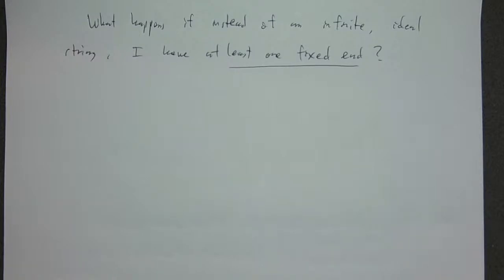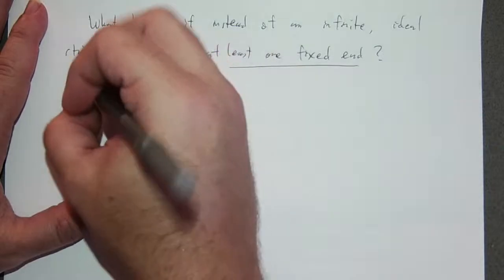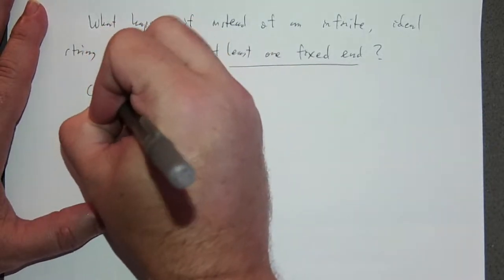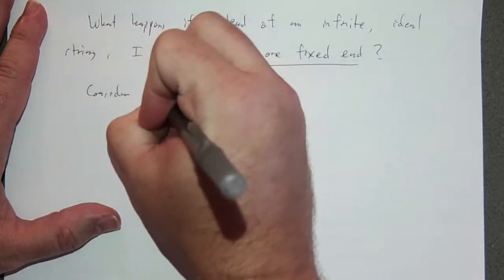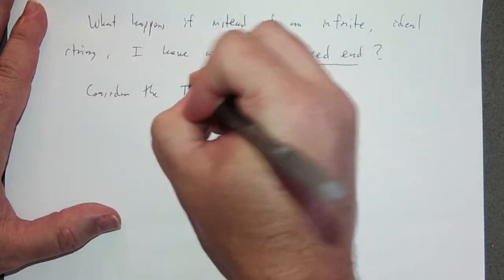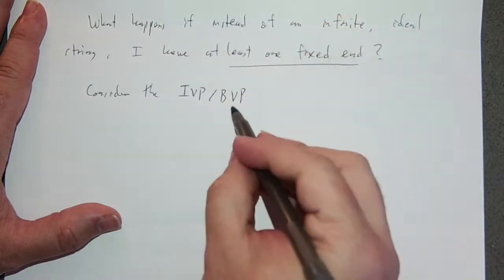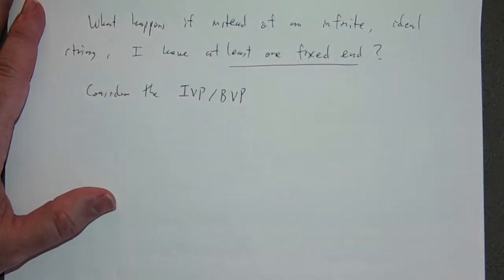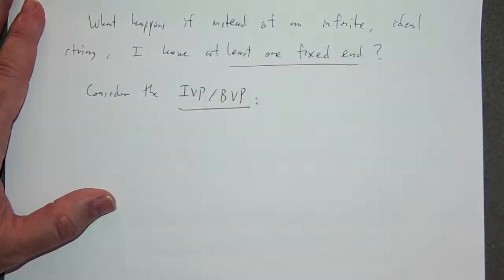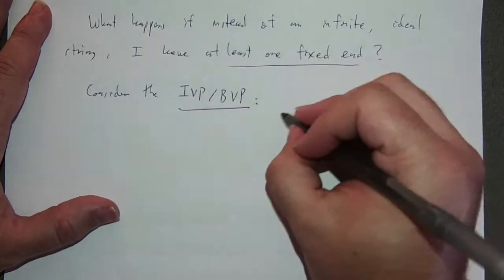So, for instance, consider the IVP slash BVP. Remember, BVP is boundary value problem. That looks like the following.